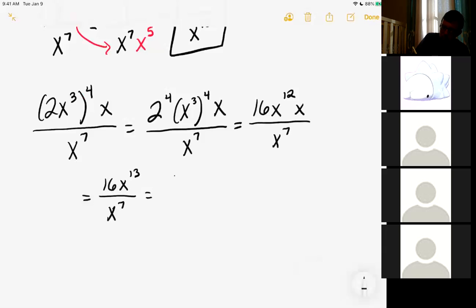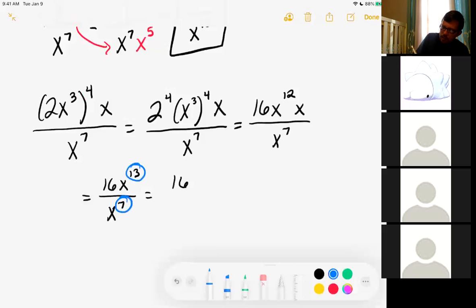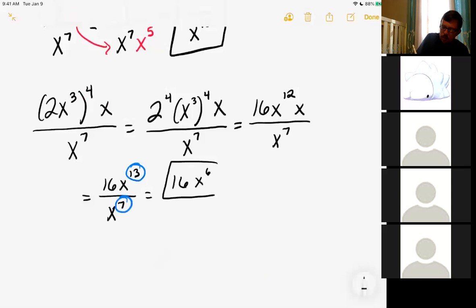So 16 x to the, and then I do 13 minus 7, which is x to the 6th. And that's the answer. Nice.